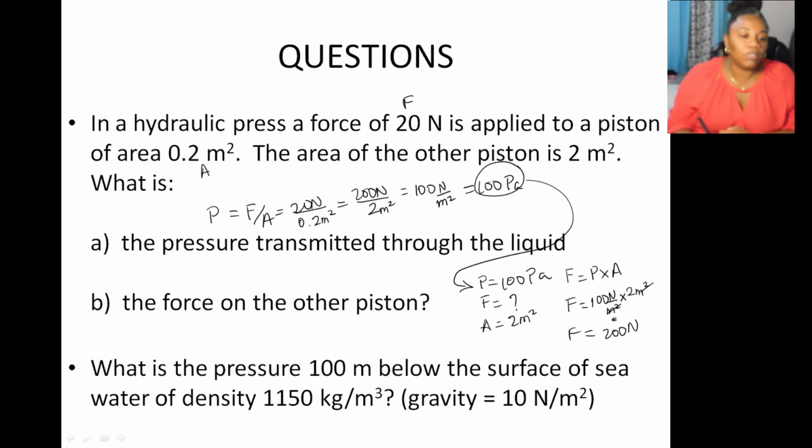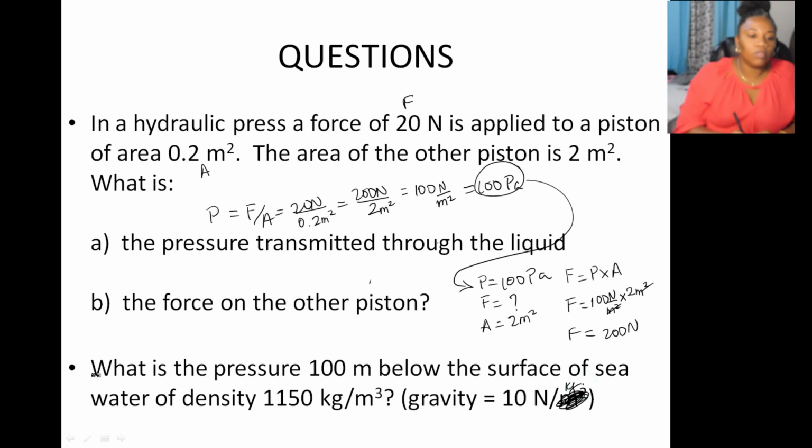So what is the pressure 100 meters below the surface of seawater of density 1150 kilograms per cubic meter, with a gravity of 10 newtons per kilogram? In the question I put the wrong unit; it should be per kilogram.